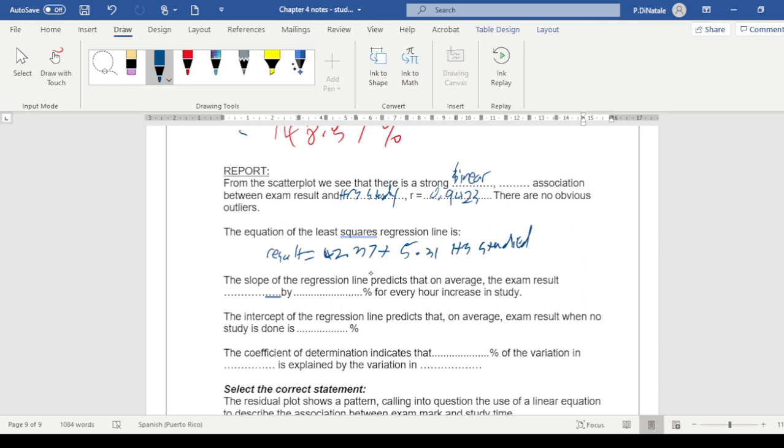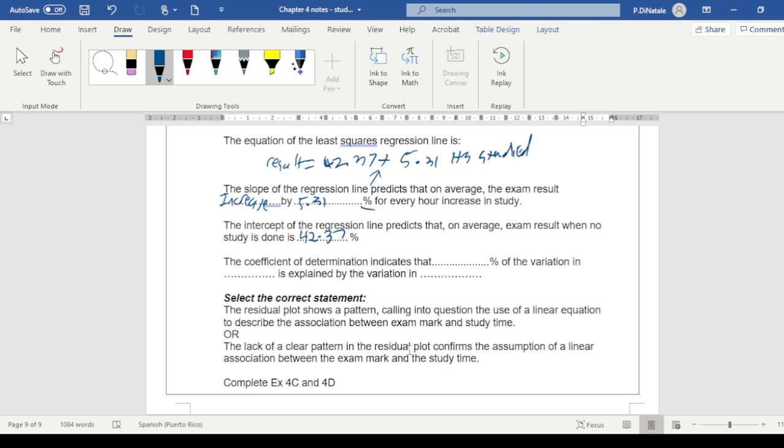So the exam result is going to, it's a positive here, so increase by 5.31 because the result is in percentage for every hour of study. Intercept of the regression line, so this is the y, which is 42.37 here. So it predicts that on average exam result with no study is 42.37%. That's what we would expect them to get if they do no hours of study.